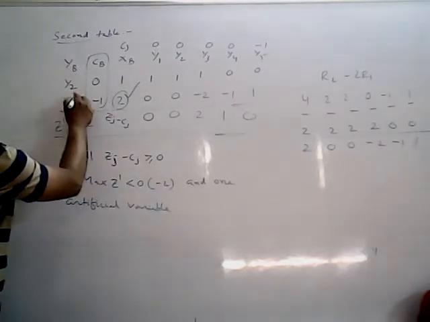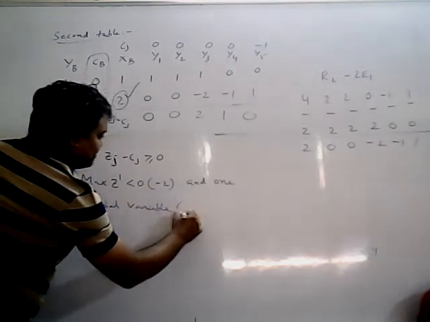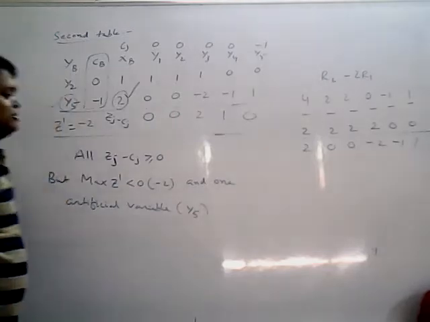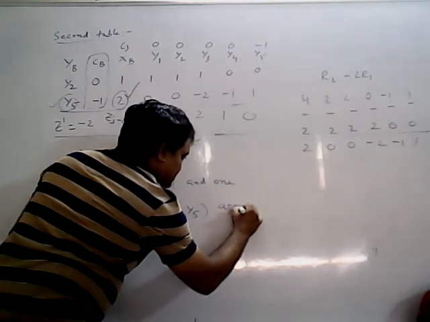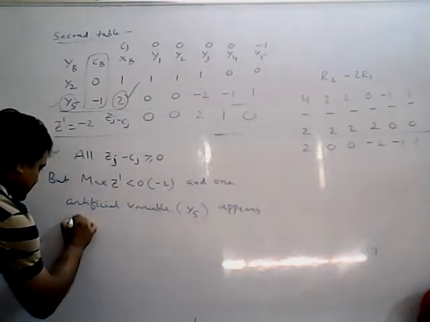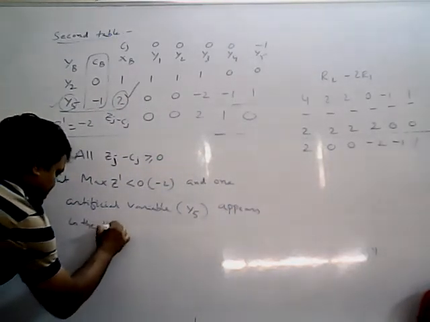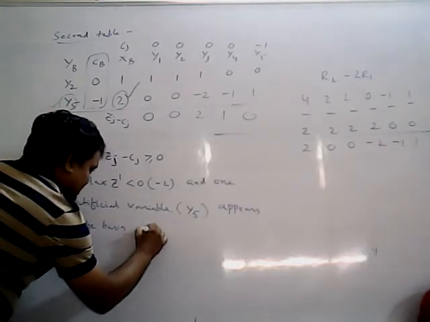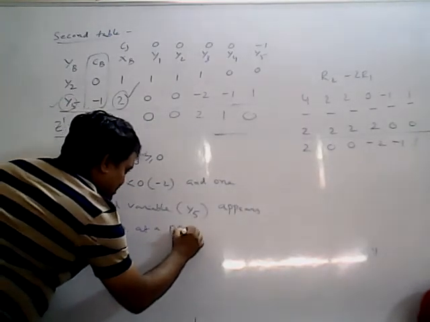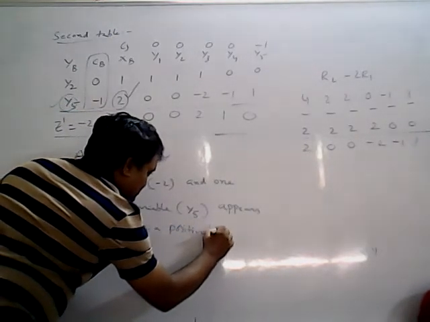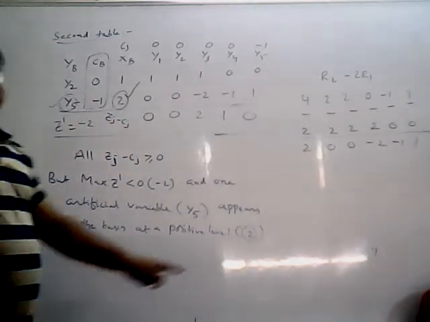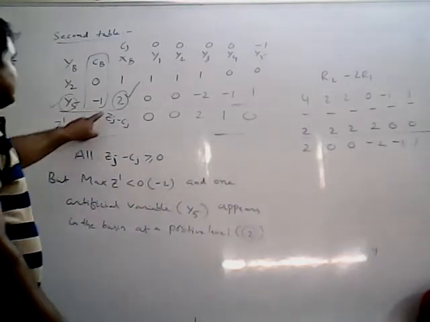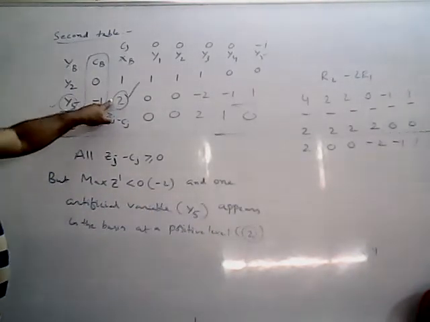What is that artificial variable? Y5. Artificial variable Y5 appears in the basis at a positive level. What is that positive level in the problem? 2. In this problem, the positive level is 2.